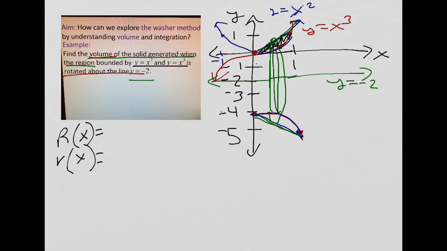Okay, so our original functions are up here where we shaded in our region, okay? So let's start with the smaller radius, so I could kind of draw that in here. And you can see how it's touching y equals x cubed and it's going down to y equals -2. So remember when we do around the x-axis or lines that are y equals b, our radiuses are functions of x. You have to do top minus bottom.